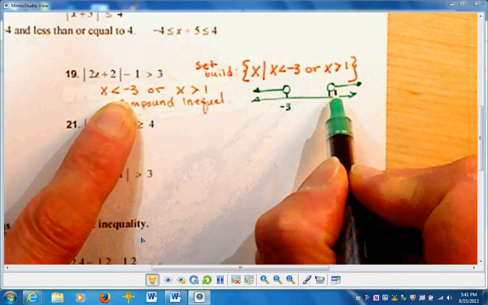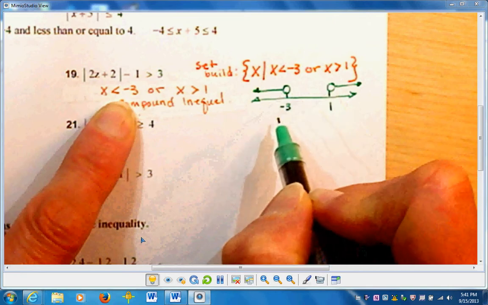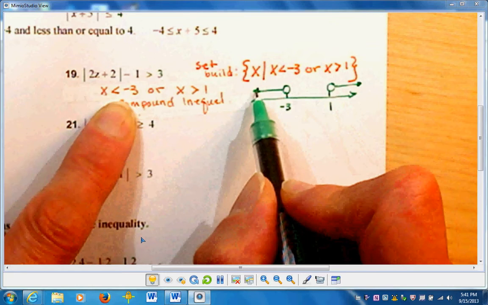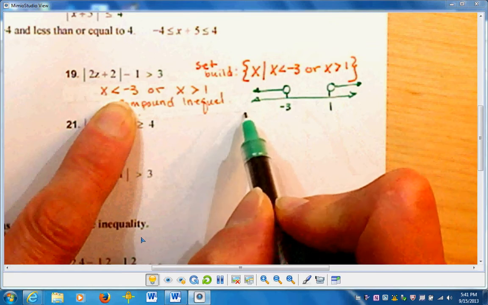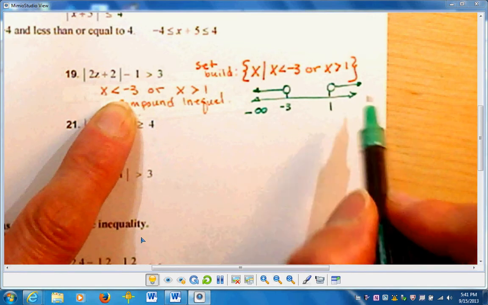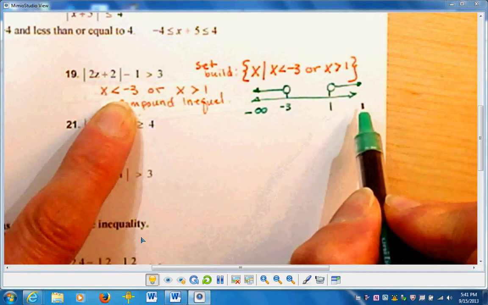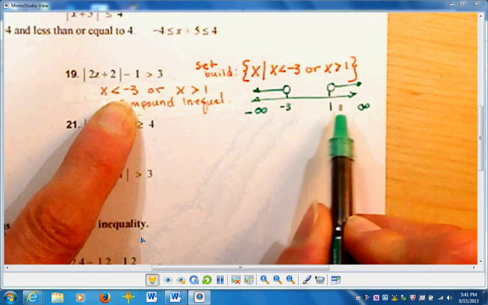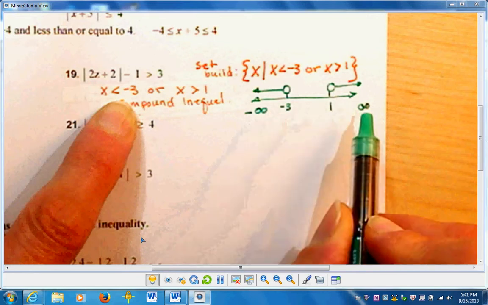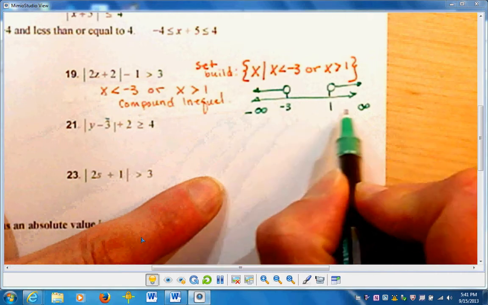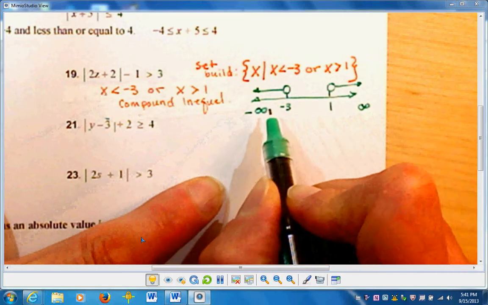So notice I have an open circle because it doesn't equal -3 and it doesn't equal 1. It comes really close. Way out here, if I keep going forever, I have the number -infinity, if you want to call it that. And way out here, if I could get there, I have the number infinity. So with interval notation, it's always a good idea to draw your x-axis if you're looking for x values and do this sort of marking.